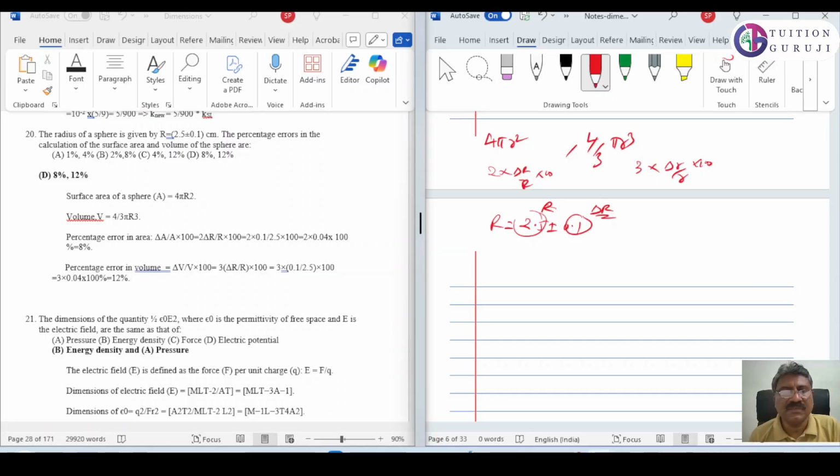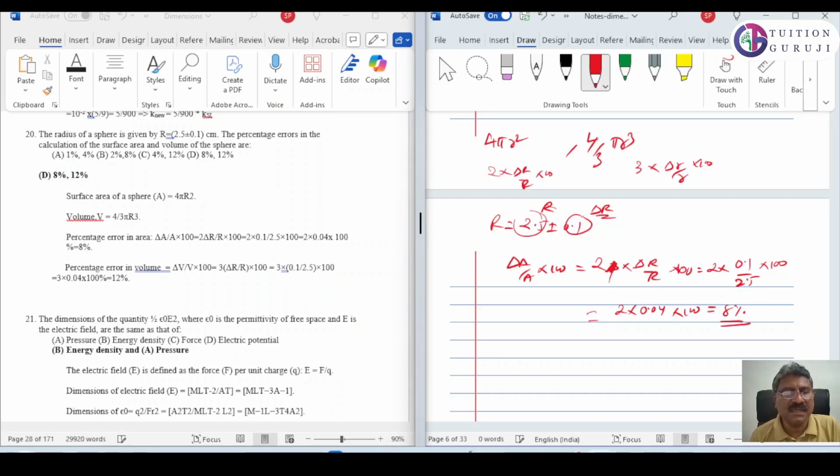So in the first case, surface area, delta a by a into 100 is equal to 2 into delta r by r into 100, which means 2 into delta r is 0.1 by 2.5 into 100. So we will get 2 into 0.4 into 100, which is 8%.